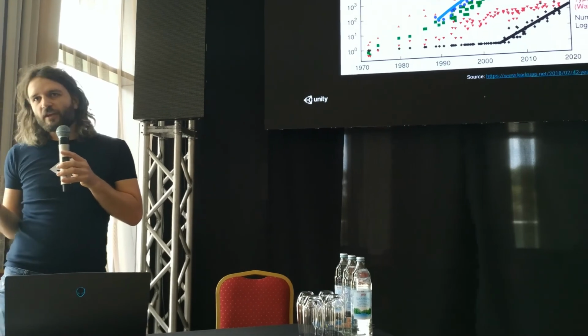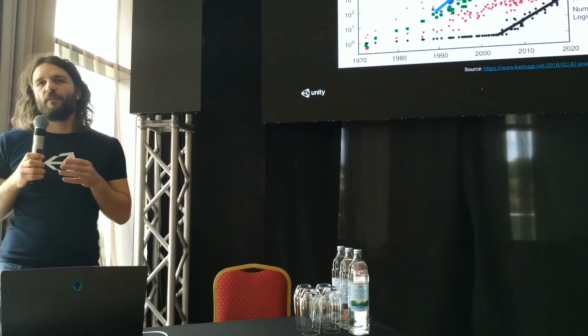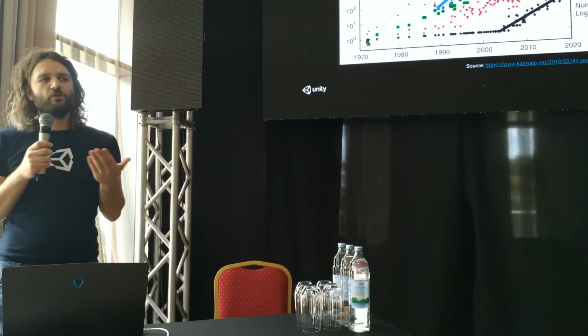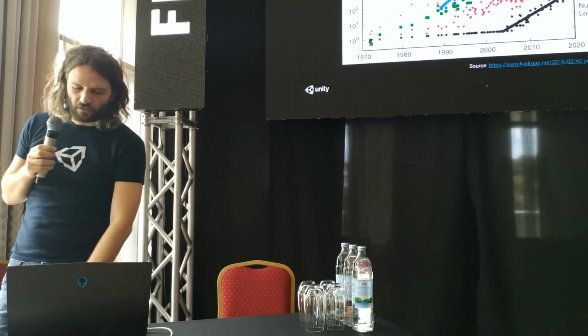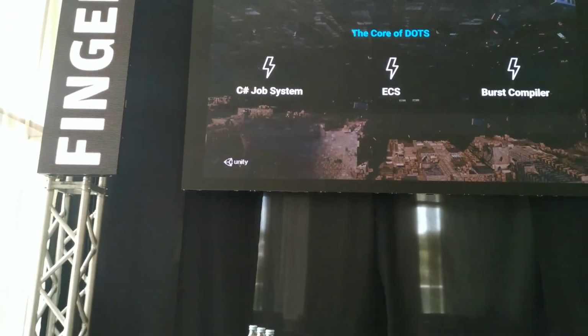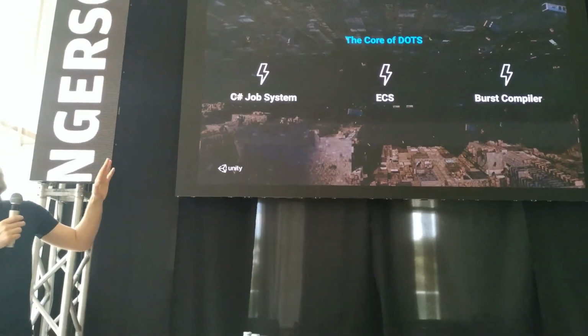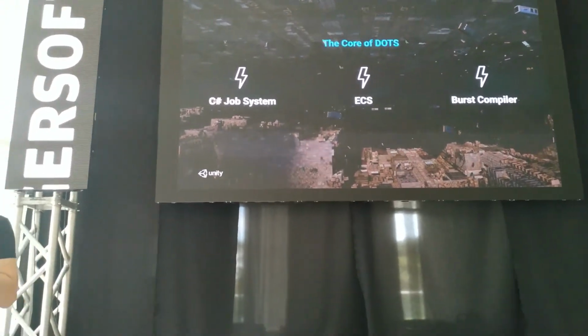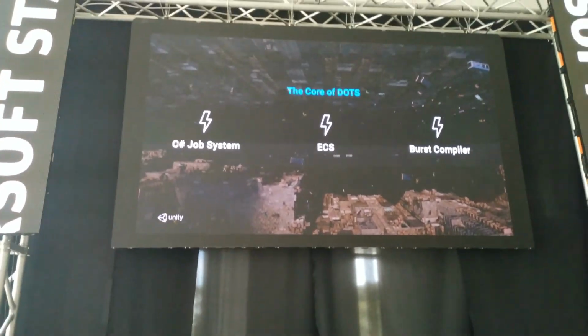But both of these technologies are difficult to leverage and difficult to use in a game. So what we're doing with DOTS is really focused on 3 core parts of the engine.